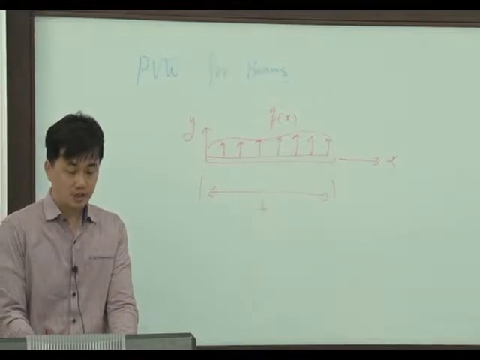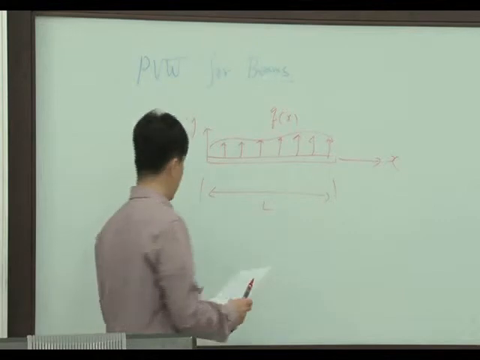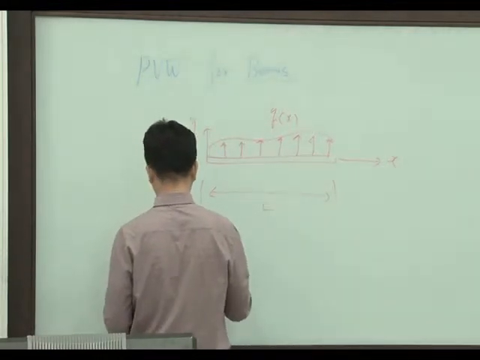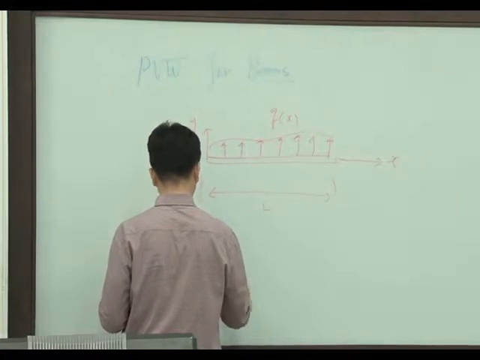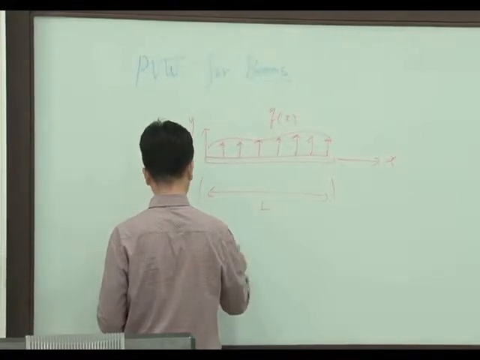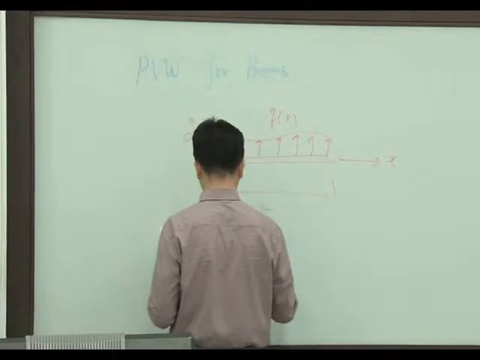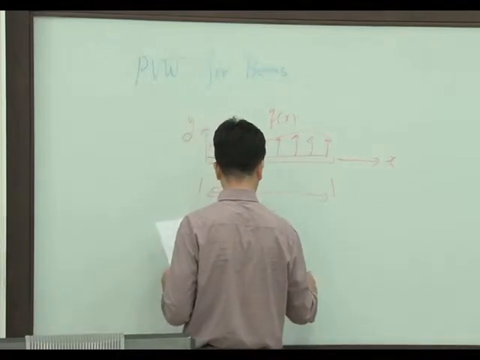The equilibrium equation was the second-order ordinary differential equation, m'' minus q equals 0.